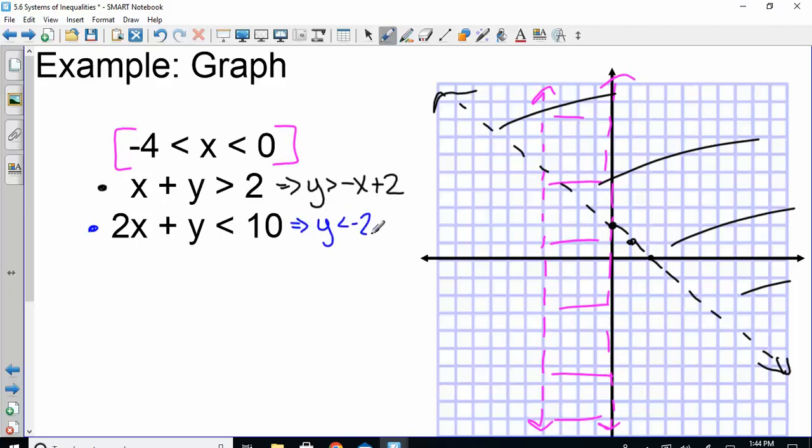I also have one more equation. So this would be y is less than -2x plus 10. So if we start at 10, slope is -2, so down 2 over 1.